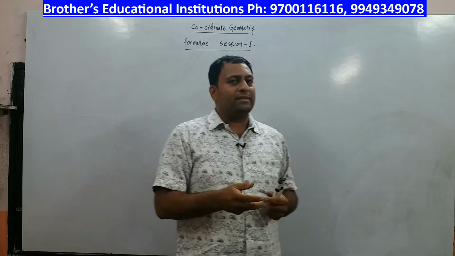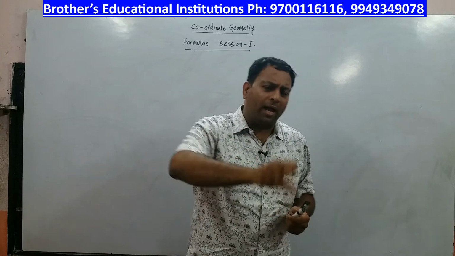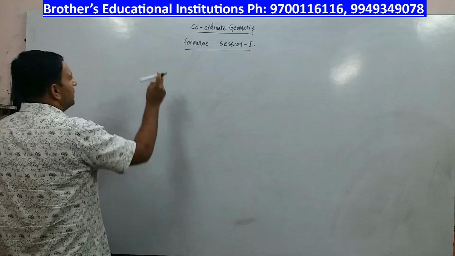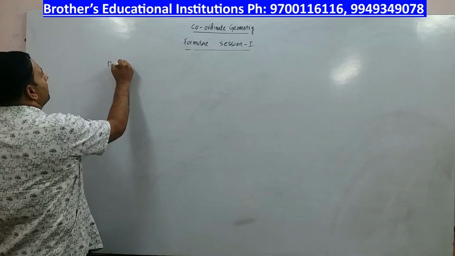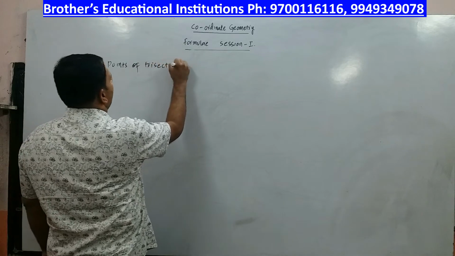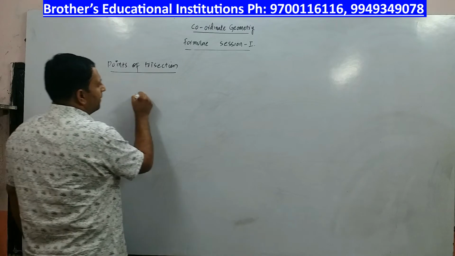So you may get problems based on trisection in the examination. Now what is this trisection and how to solve problems based on it? I will try to explain to you through this. Now I'll put a heading as points of trisection. What are points of trisection?